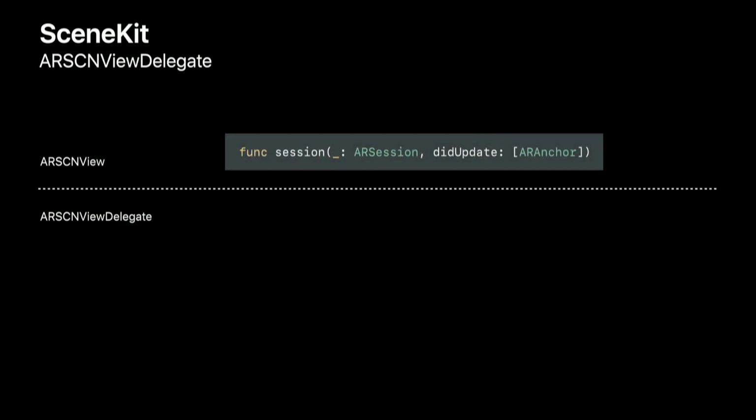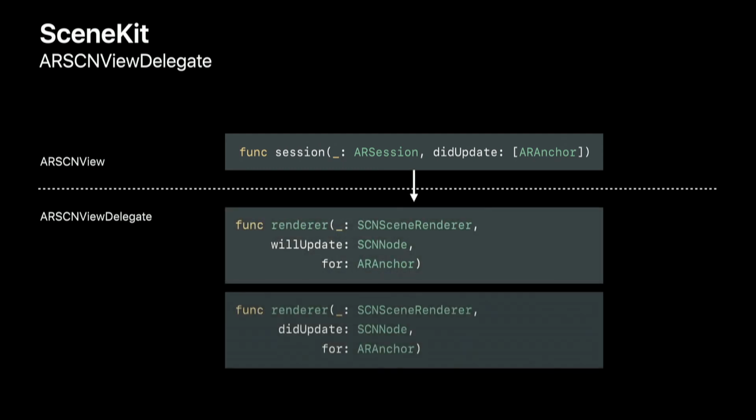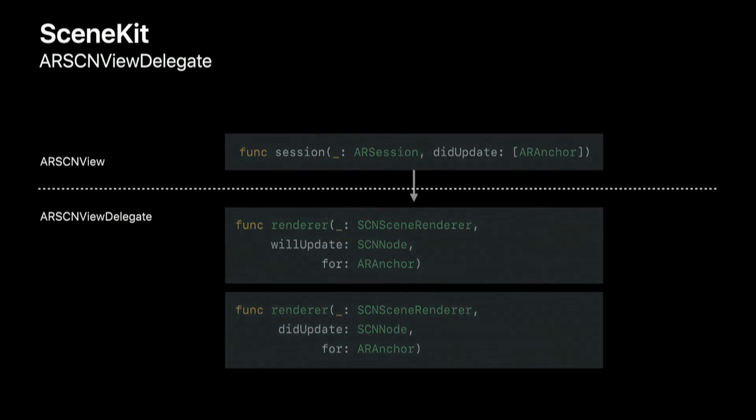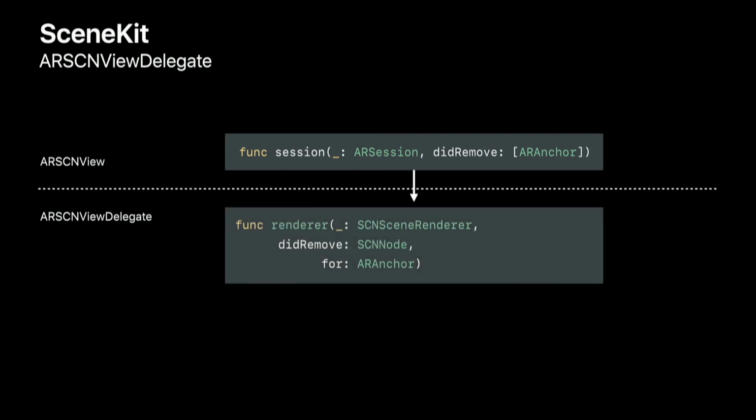In that case, the SCNNode's transform will be automatically updated with the ARAnchor's transform, and you will receive two callbacks when this happens. One before we update its transform, and another one after we update the transform. Whenever an ARAnchor is being removed from the session, we automatically remove the corresponding SCNNode from the scene graph and provide you with a callback, renderer didRemoveNode forAnchor.